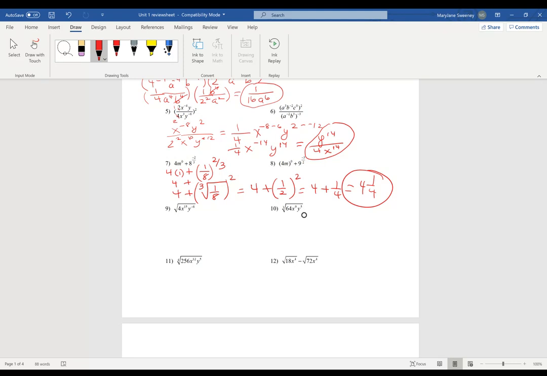Next one, we want to think about any perfect squares, and then non-perfect squares. 4 is a perfect square. y to the -6th is a perfect square because it's an even exponent. Now for the x's, the largest number divisible by 2, closest to 15, is x to the 14th.